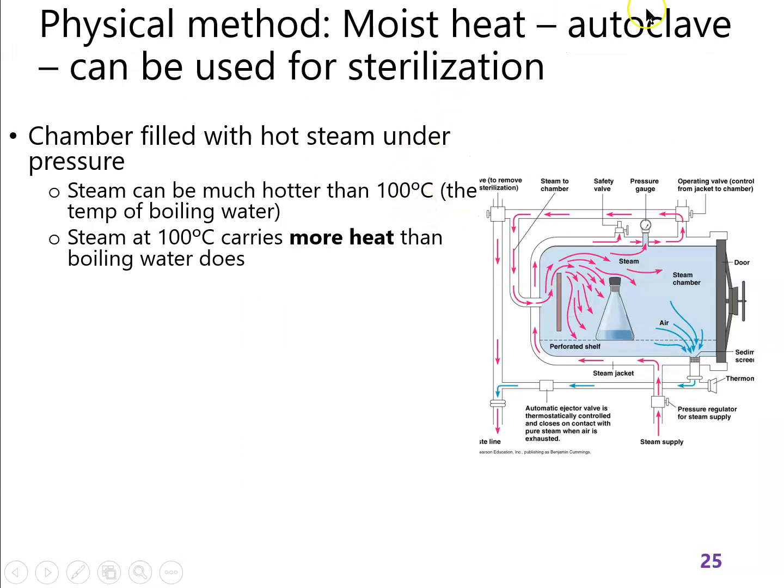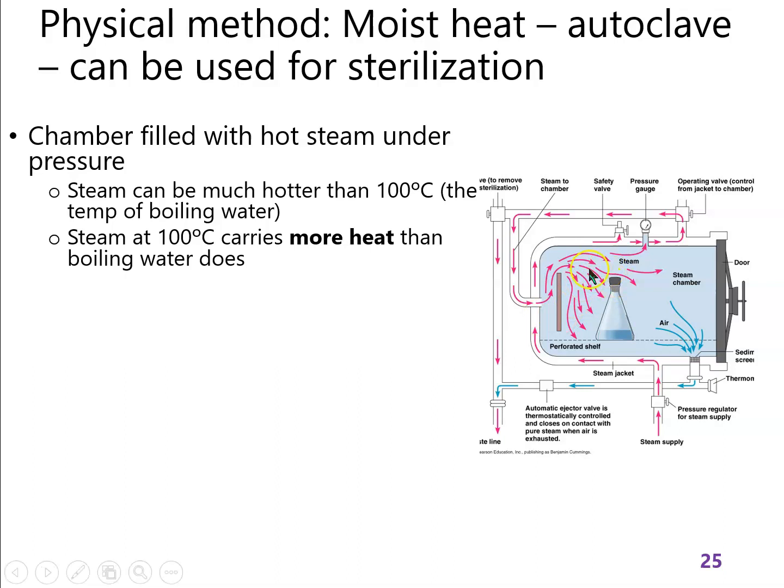So an autoclave using steam is able to do this sterilization that we need in a laboratory or in a clinic. A lot of the times an autoclave is the most effective tool we have for sterilizing anything. And what it does is it takes hot steam, so much hotter than 100 degrees, and it pressurizes it.